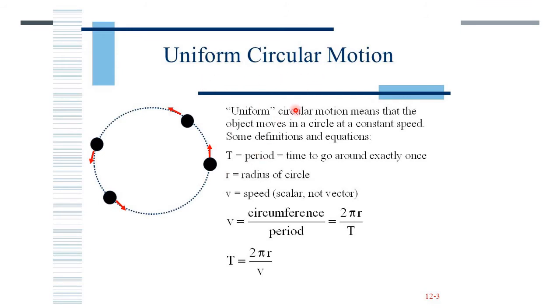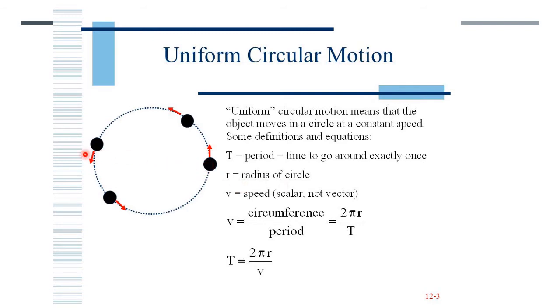In a uniform circular motion, t is the time period to go around exactly once. That means if the body started moving from here, it will go around and come back to the same position. So t is the amount of time it takes to go around the whole circle. Then r is the radius, from the center point to the sides. And what is the diameter?